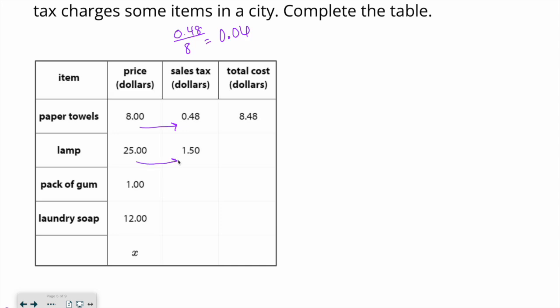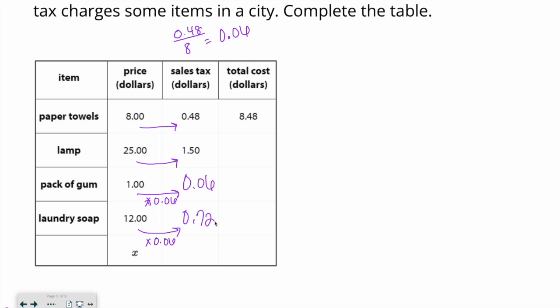And if we try 25 times 0.06, we end up with $1.50. And so finding the pack of gum, if we multiply by 0.06, we get 6 cents. And we multiply 12 by 0.06, we get 72 cents.